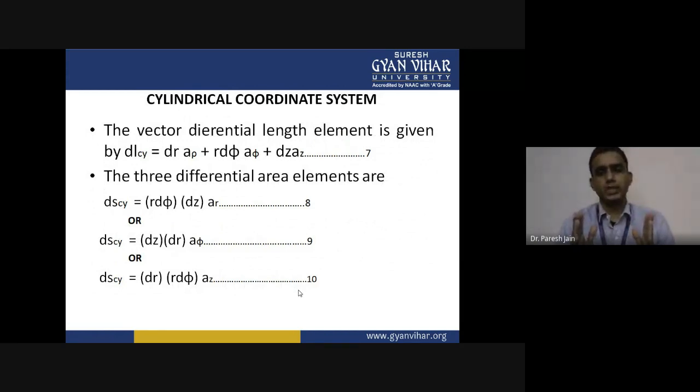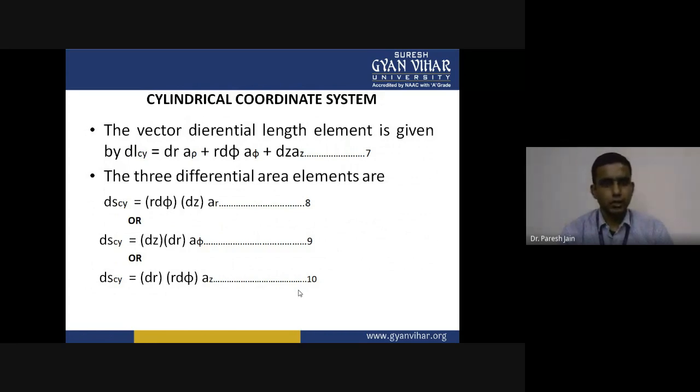It is represented by equation number 7, which says that dl cy, where cy stands for the cylindrical coordinate system, is equal to dr a r plus r d phi a phi plus dz a z. So this is the equation for the differential length in the cylindrical coordinate system.